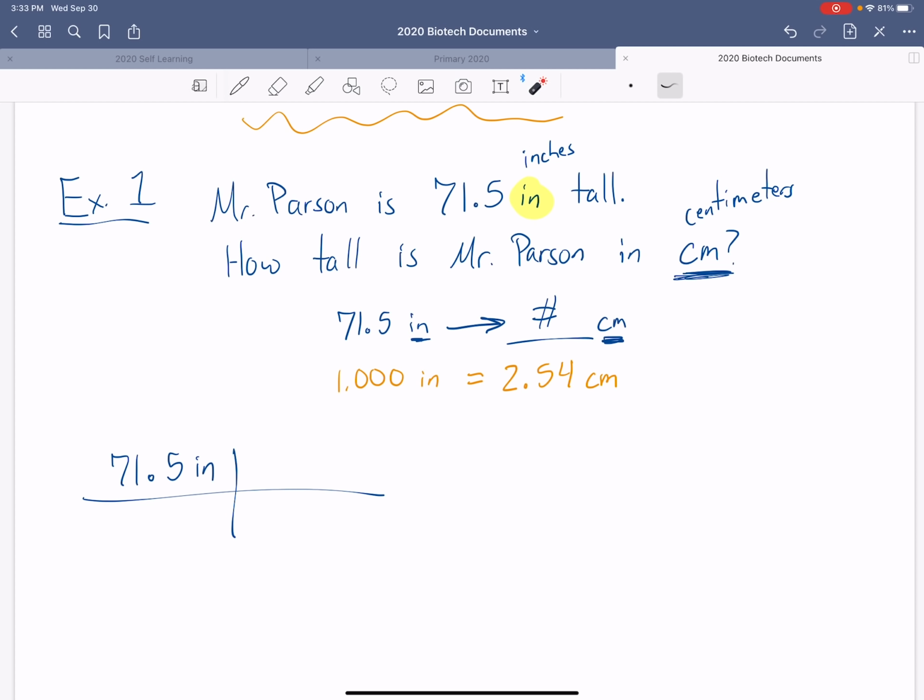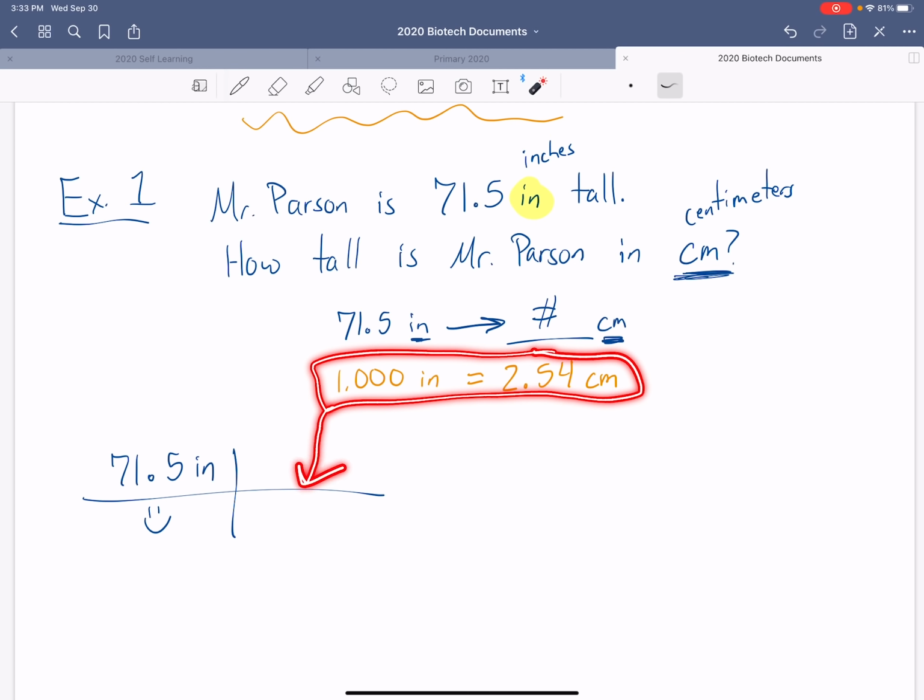If you want to put a filler, you can put a star, a smiley face, or since we're doing math, a sad face. Anything you want. I like to make myself smile while I do math, so that's what I'm going to put there. And then in these next two boxes, this is where we're going to put the equality. I'm going to arrange this information in a way that makes sense in these boxes.